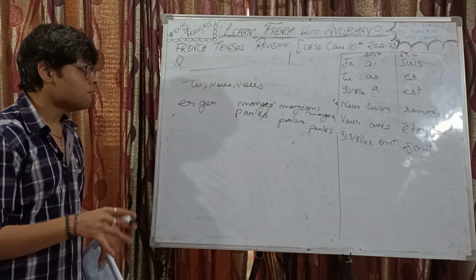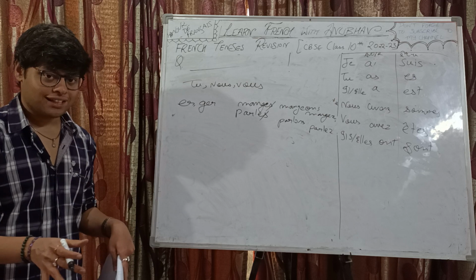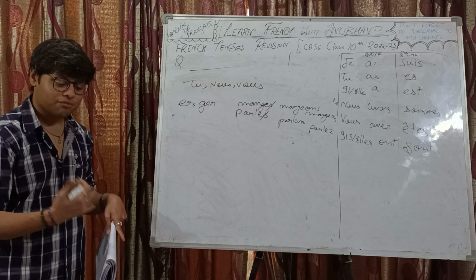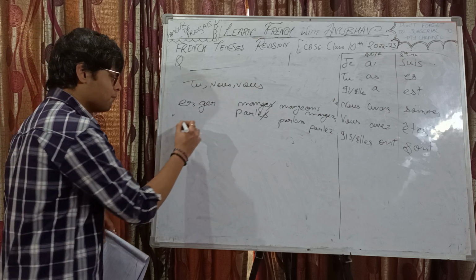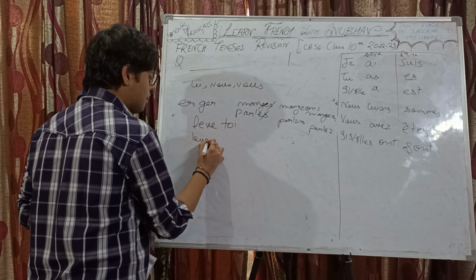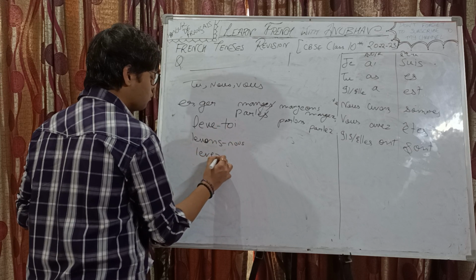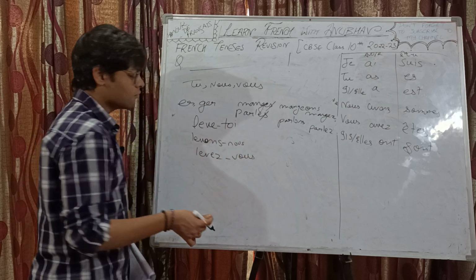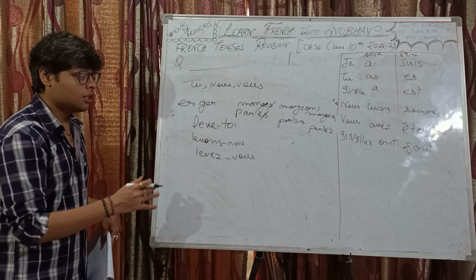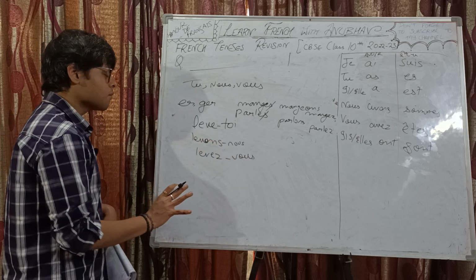So pronominal verb in affirmative imperative, that's the only case where the pronoun comes after the verb. For example, lève-toi, levons-nous, levez-vous. The pronoun is coming after the verb, right?